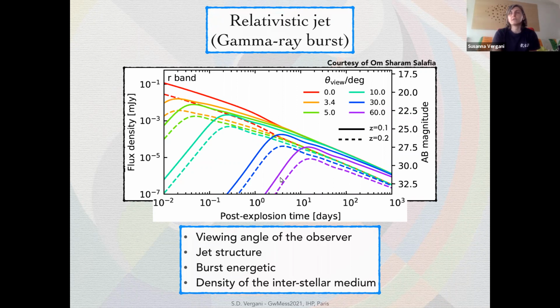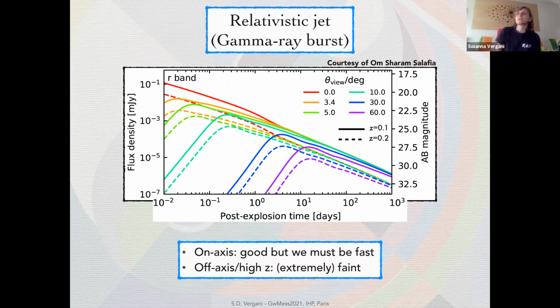The interstellar medium of the 2017 event was particularly faint, 10^-3 electrons per cubic centimeter or less. If we have a somewhat denser environment, we will have brighter light curves, okay? Except for very dense environments, where we will not have brighter light curves because the flux will be absorbed by the ISM.